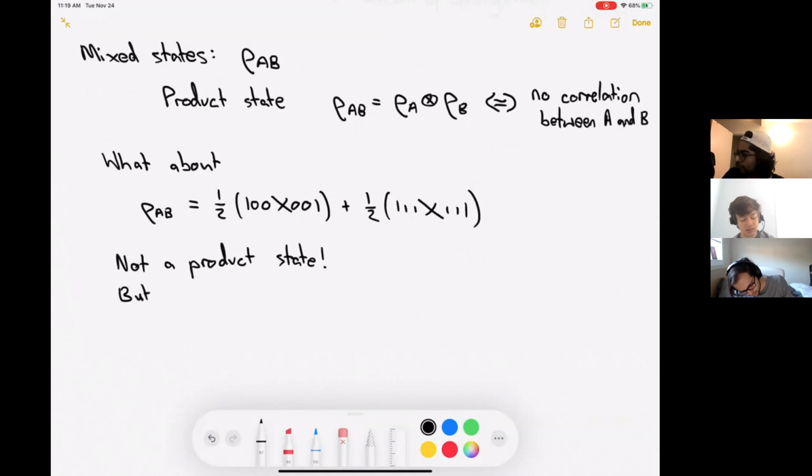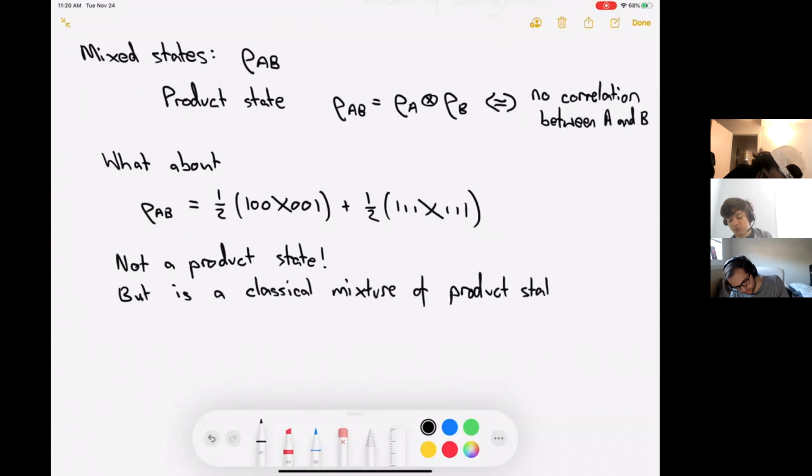But on the other hand, it is a sort of classical mixture of product states.